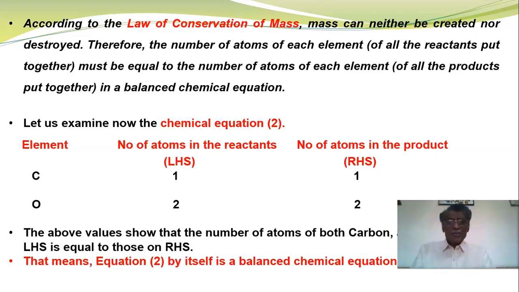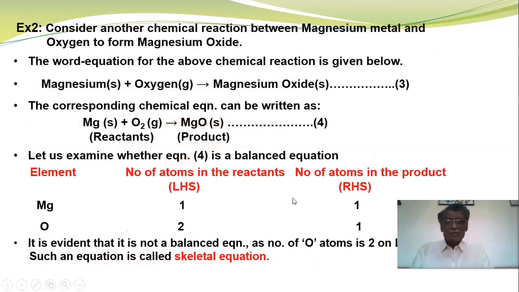Now let us examine equation 2. Element C, both sides 1. Element O, both sides 2. Therefore, equation 2 by itself is a balanced chemical equation.